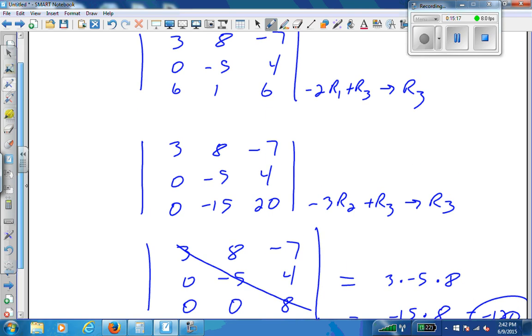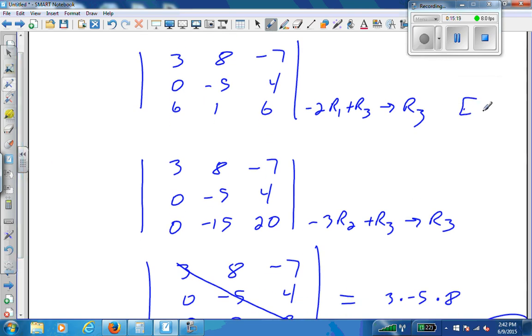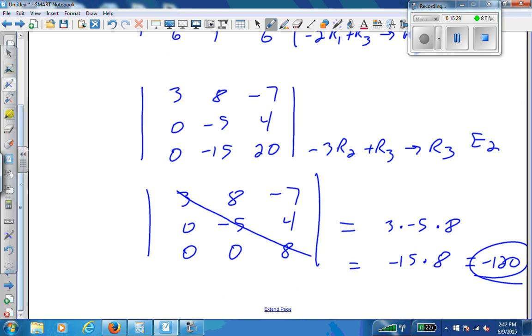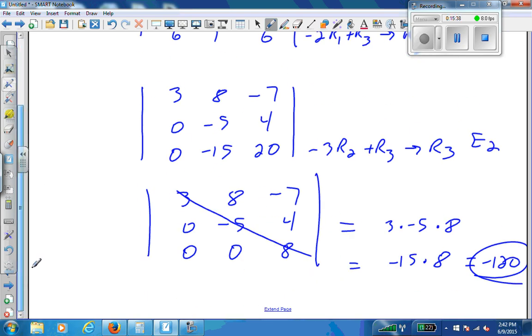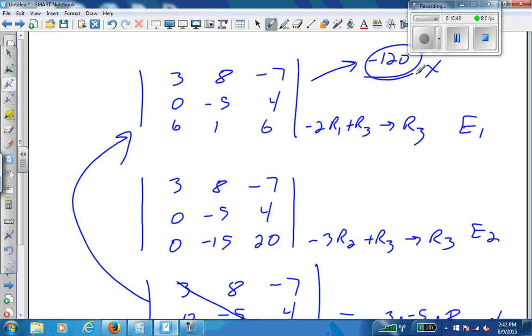And since the only elementary operations that we did were to add a multiple of one row to another, we didn't change the value of our original determinant. So we can say our original determinant is equal to negative 120, even though we didn't directly calculate that determinant by properties of determinants. We calculated an easier one. We know how it's related to this one. And in this case, they have the same value.